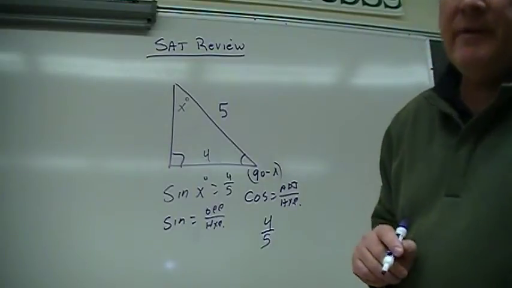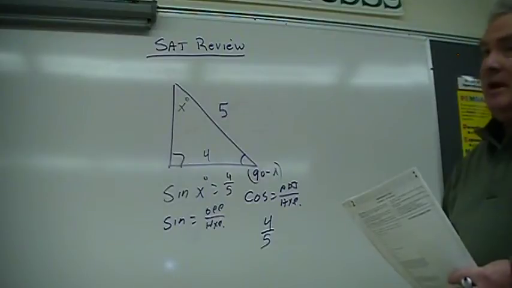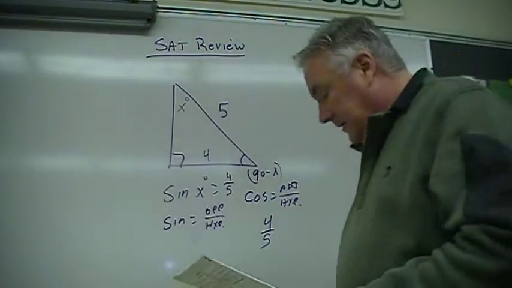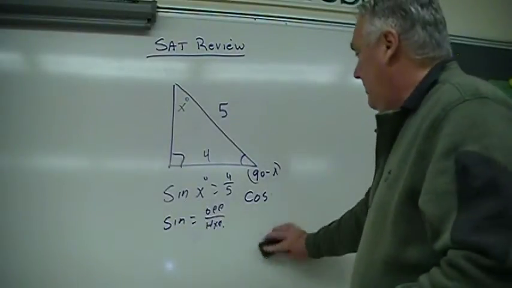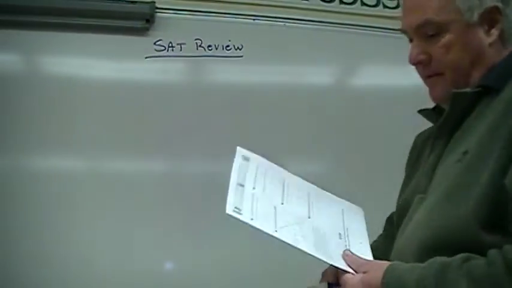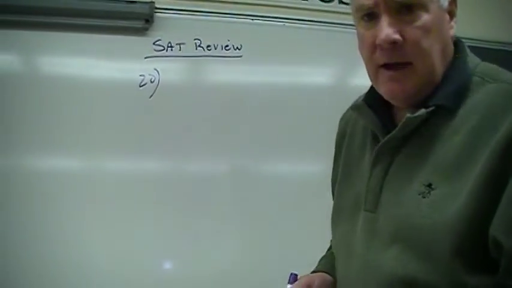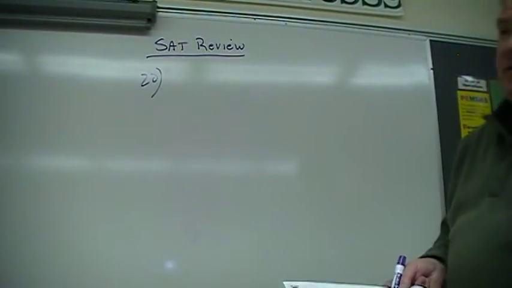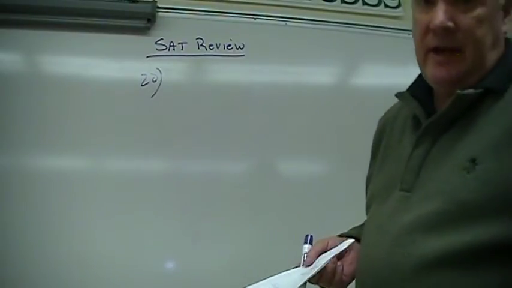This one's going to be hard for those of you that haven't had your trigonometry. We do that as part of this class later on in the year. So you may or may not be able to do 19 if you see one like that. 20. Last one. Definitely one you can get. The trig ones, you may not get them, but for 20, you should be able to get 20.